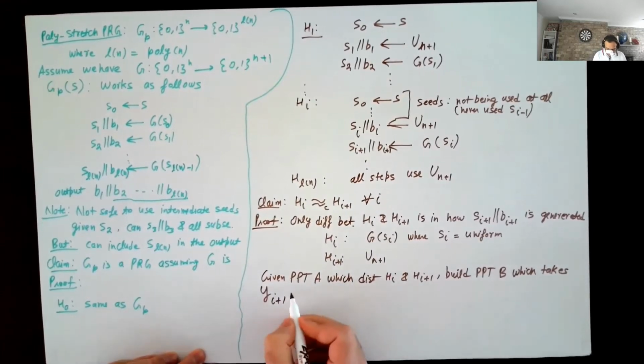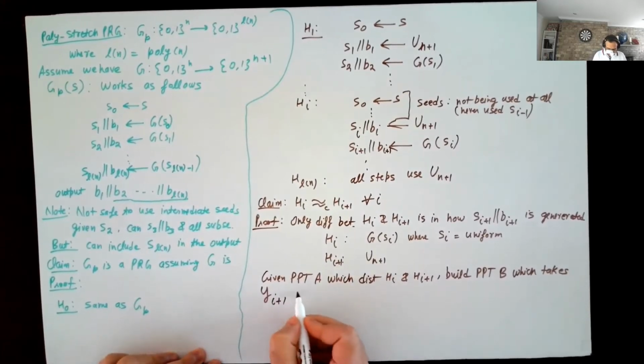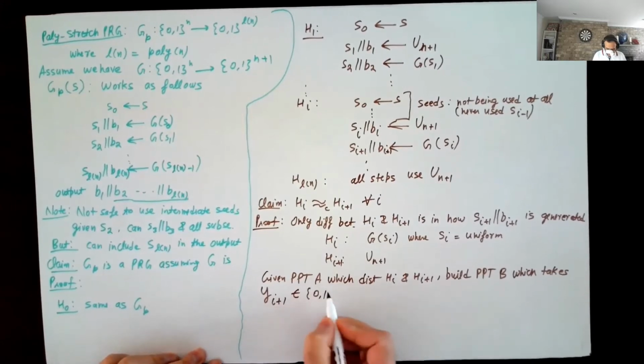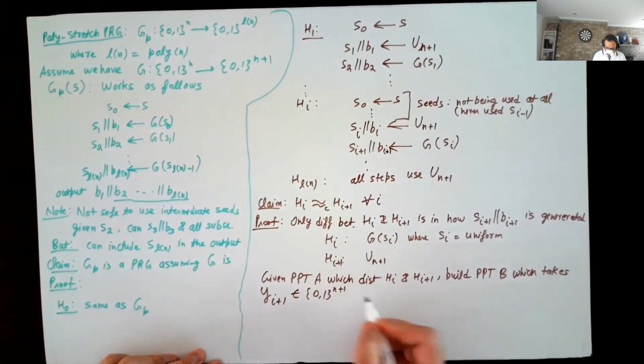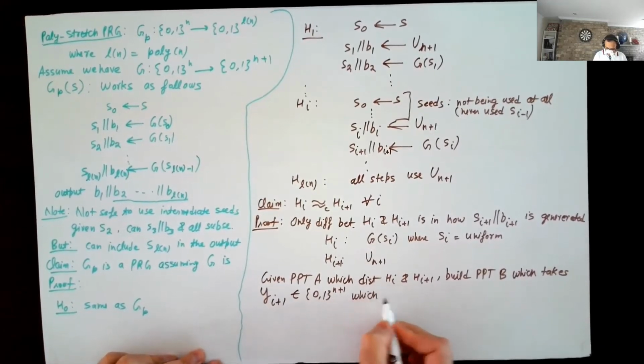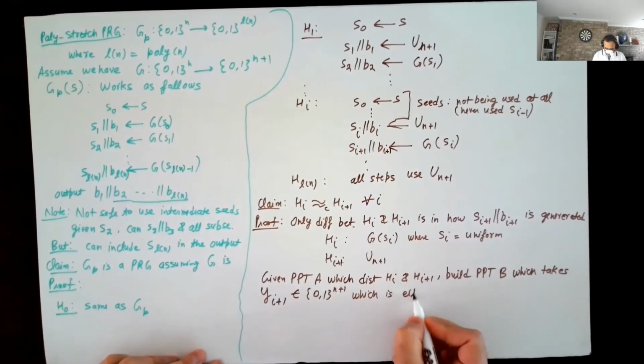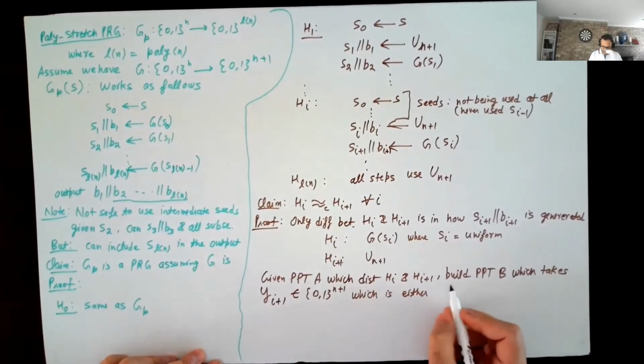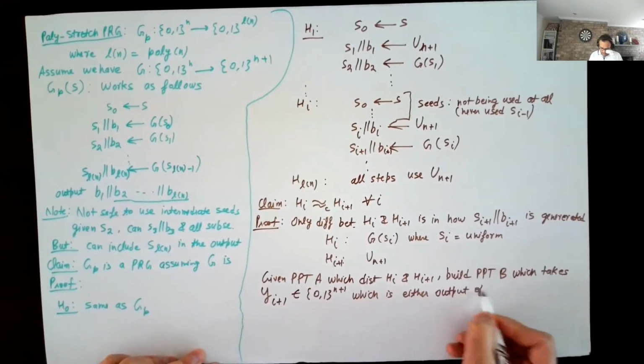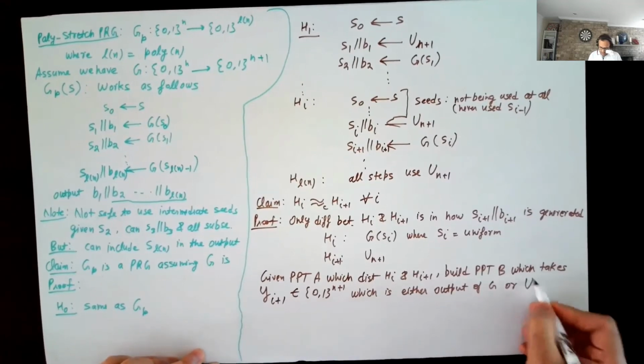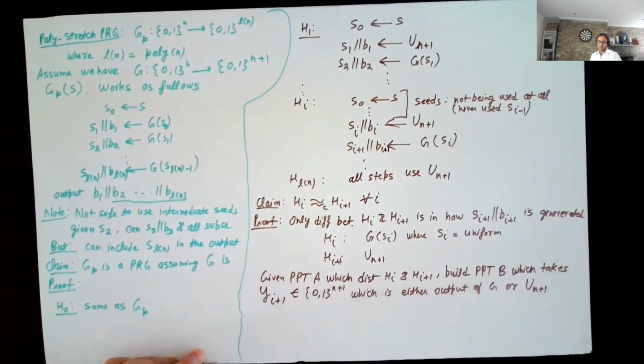And this is from 0, 1 to the power n plus 1. Which is either output of G or is sampled from a uniform distribution.